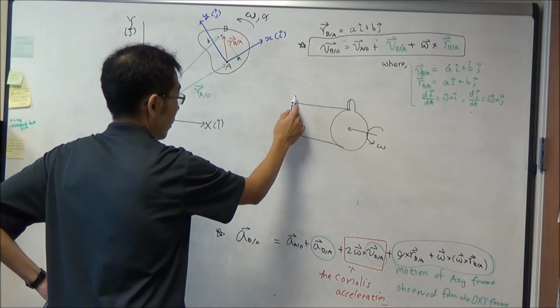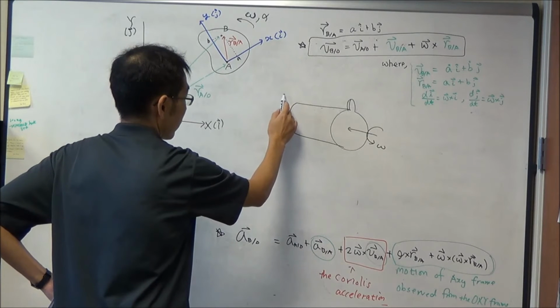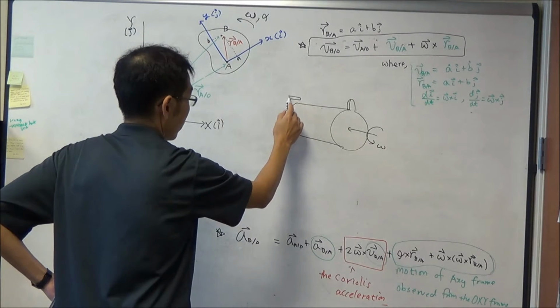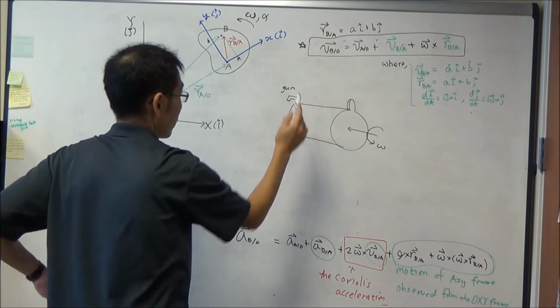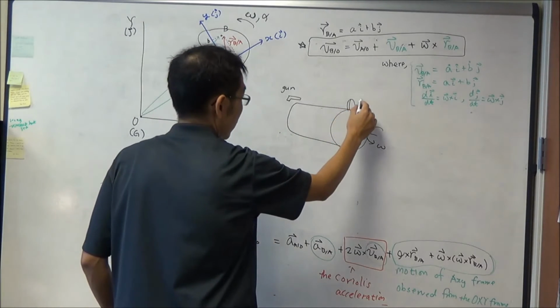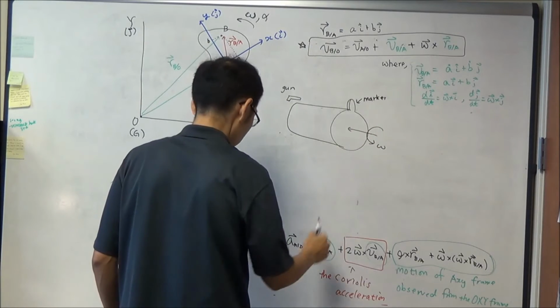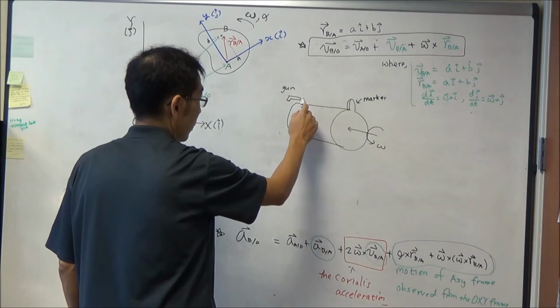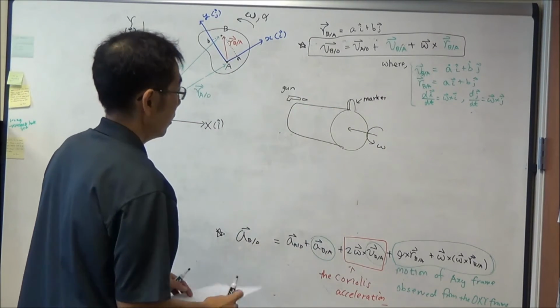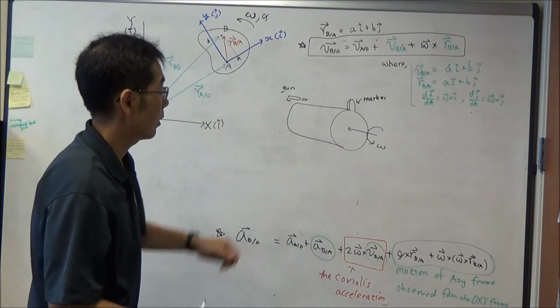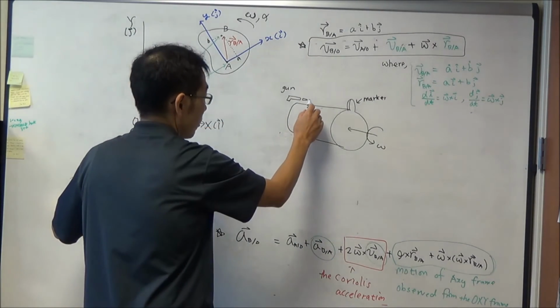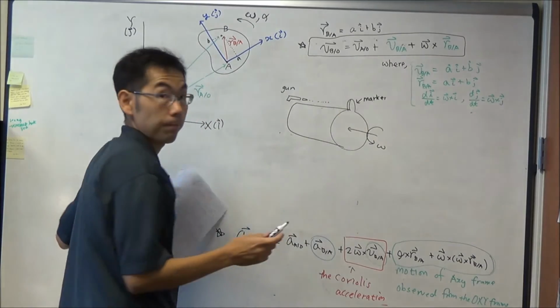And then we have a gun here, okay? So this is like a cone. And then this is a marker or aiming, okay? So if you just aim this one and just fire the gun, then this bullet is kind of moving, okay?